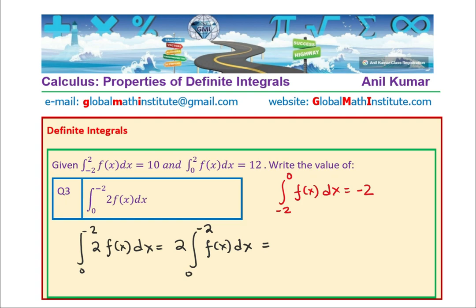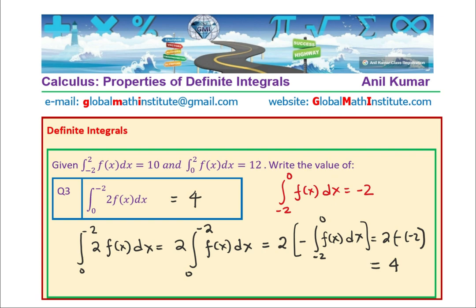Now that is equal to 2 times the negative of the integral from -2 to 0 of f of x dx, correct? And that is 2 times negative of -2, and that gives you a value of 4. Perfect. So the integral of 2 times f of x dx is actually equal to 4, right?